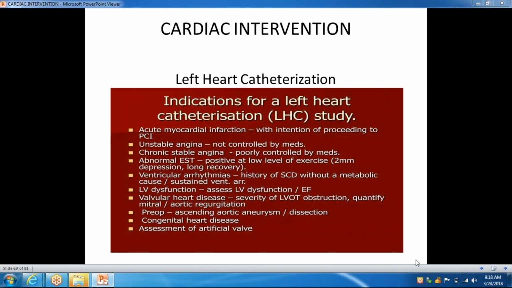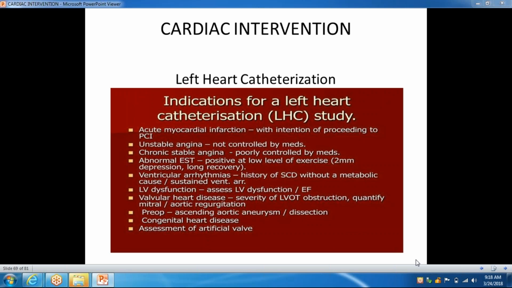Acute myocardial infarction. So someone with a heart attack. You might want to do a catheterization because you want to identify the blood vessel that's occluded so you can intervene. You might be able to put a stent in.